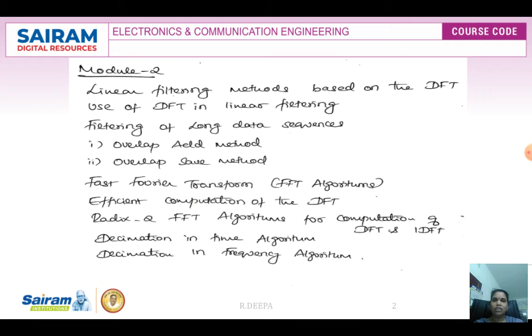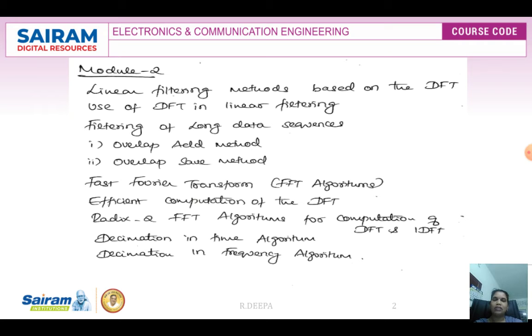The topics we are going to learn here are, as I told, filtering of long data sequences such as the overlap add method and overlap save method. This filtering is applicable if there are two sequences for which you need to find the linear convolution. In that, one sequence will be of long duration and the other of short duration.